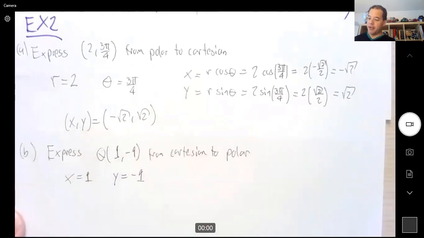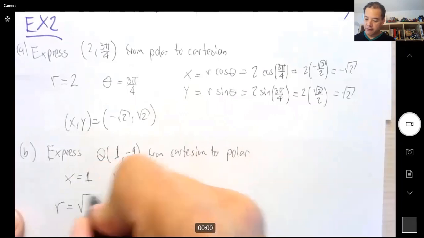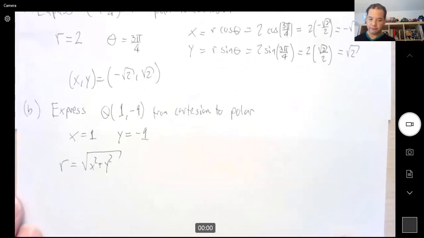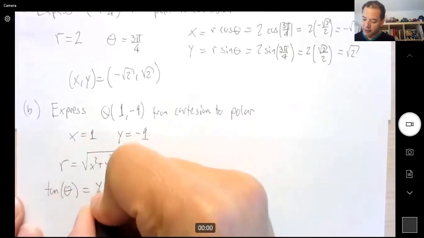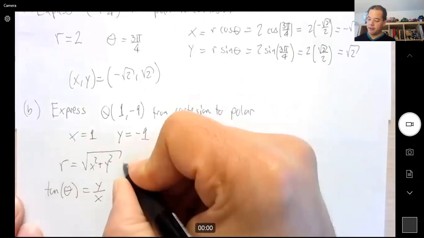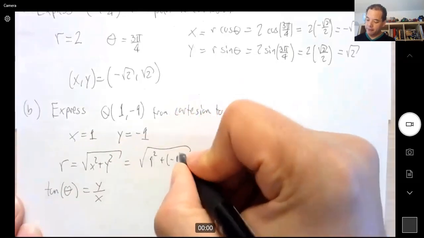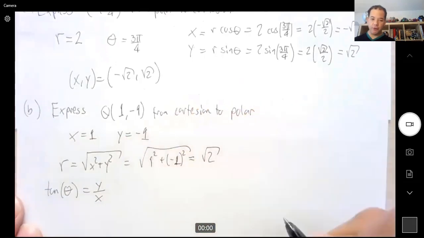Okay, so then you get the r. How do you get the r? Well, the r is the square root of x squared plus y squared, and tangent of theta is y over x. So this will be 1 squared plus -1 squared, that's square root of 2.